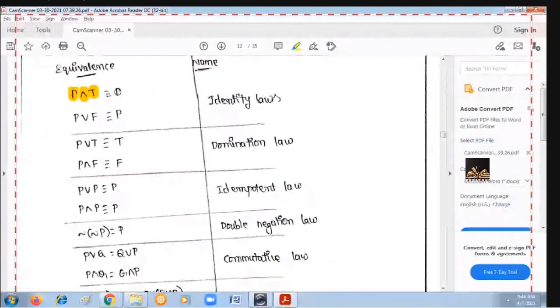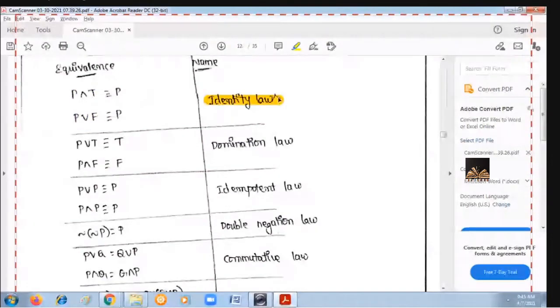Here in the OR case, one value is decided that it is false, so the result always depends on the other value. That means it depends on P only, right? So these two laws are known as identity laws.